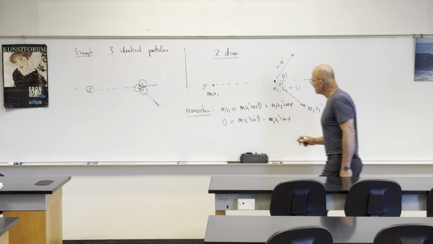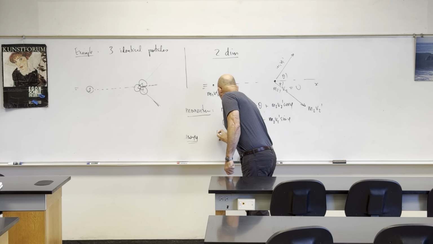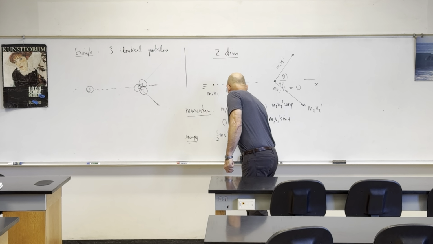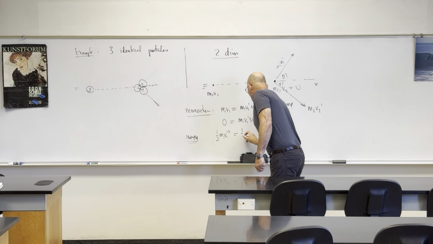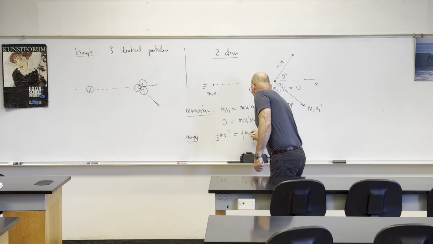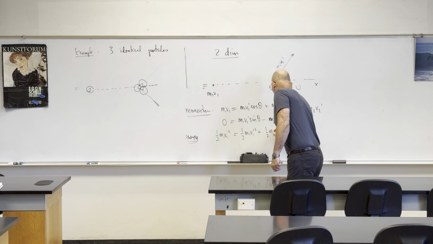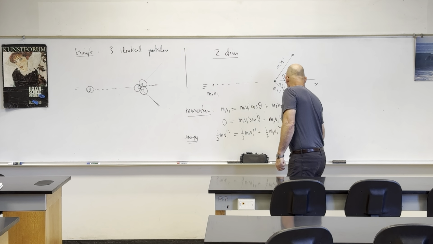And then for energy, we will have 1/2 M1 V1 squared equals 1/2 M1 V1 prime squared plus 1/2 M2 V2 prime squared.